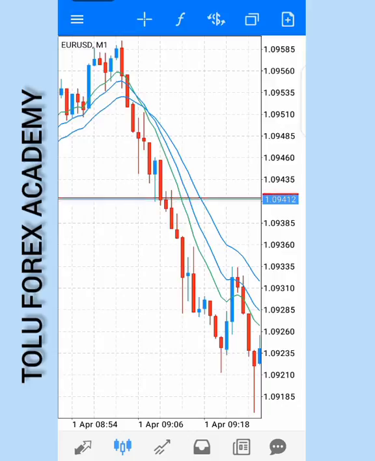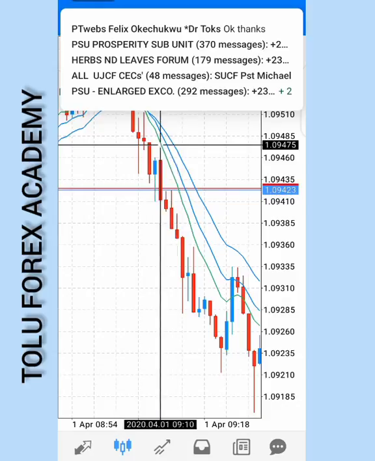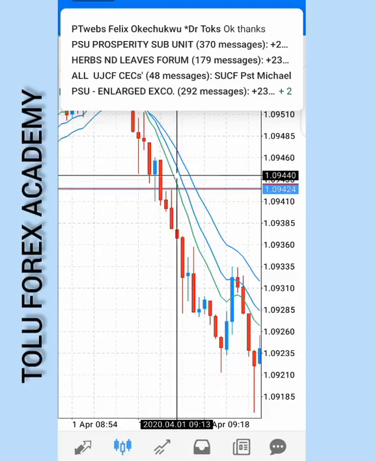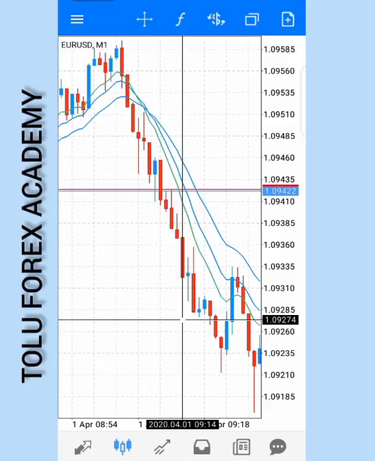Anytime you notice a cross like this, if the green crosses downwards, then it means that there's going to be a fall, a downtrend within the short time, and then what you need to do is to sell. So imagine we sell at this point here. And then it falls and falls onto this point here. You'll have entered a profit. I hope you understand that.